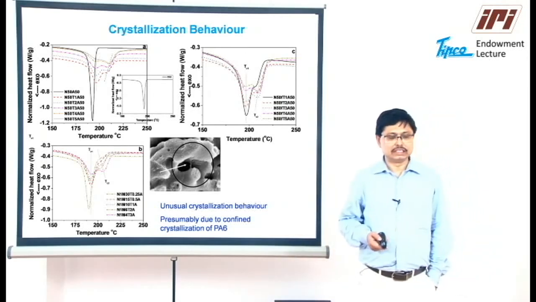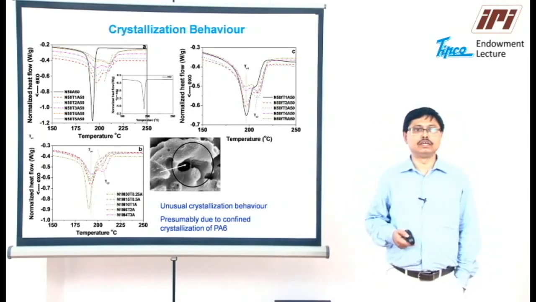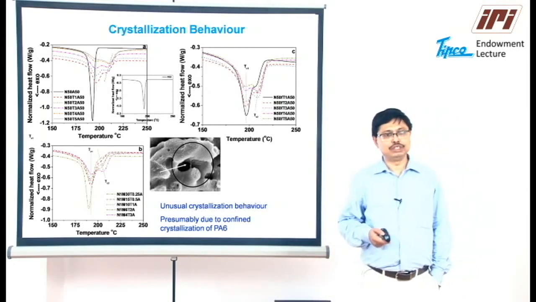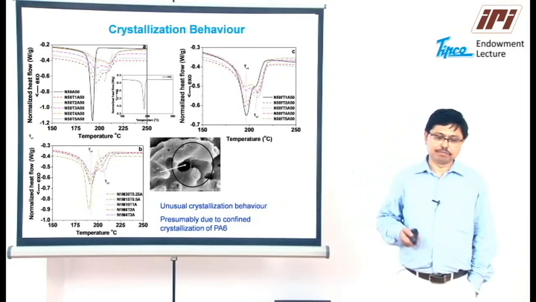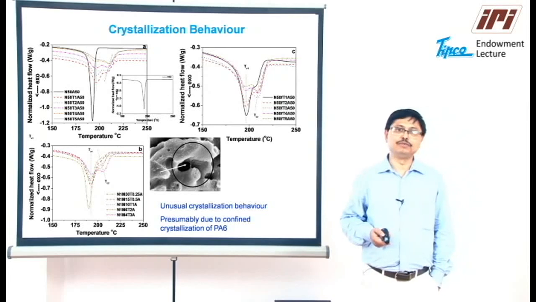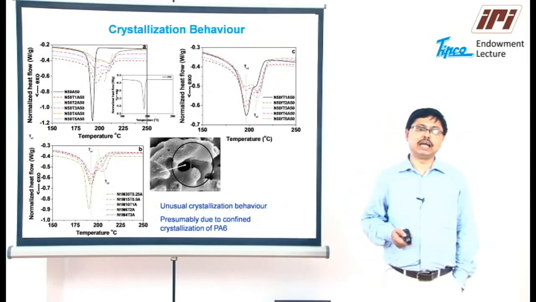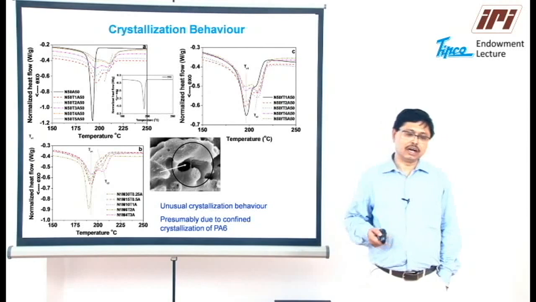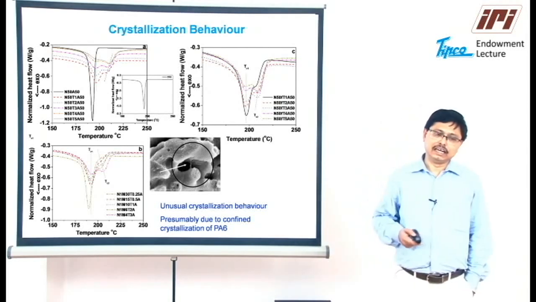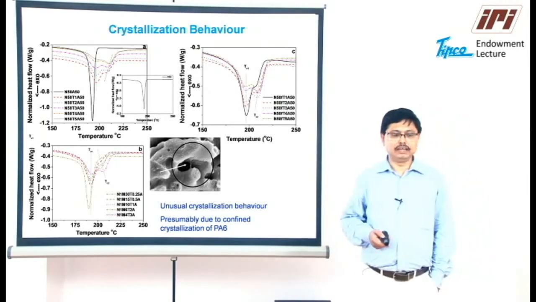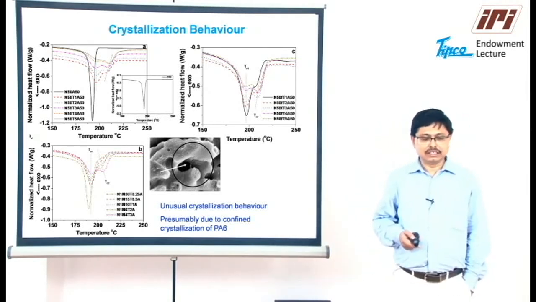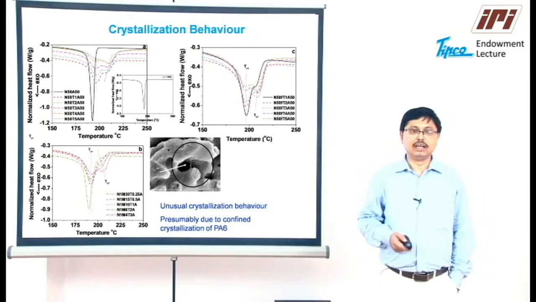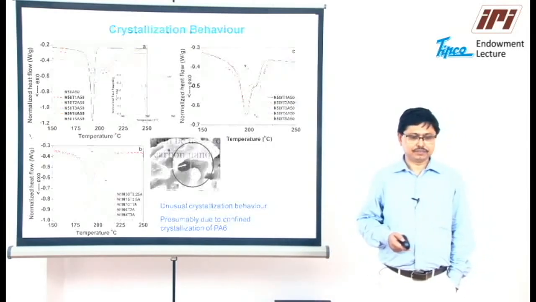One of the reasons is the confinement of the polyamide chains in the confined polymer layer between the multi-wall carbon nanotubes and the polymer, while the rest is in the bulk. There is also a change in the crystalline form, and a trans-periodic lamella is also responsible for this double crystallization behavior.